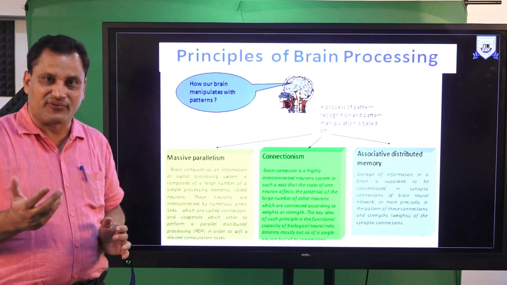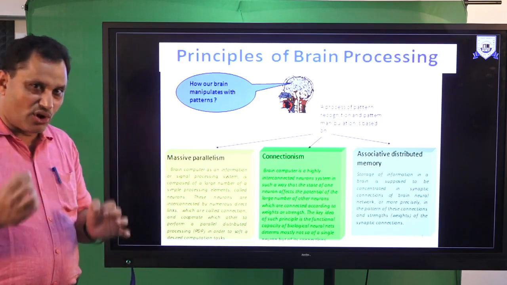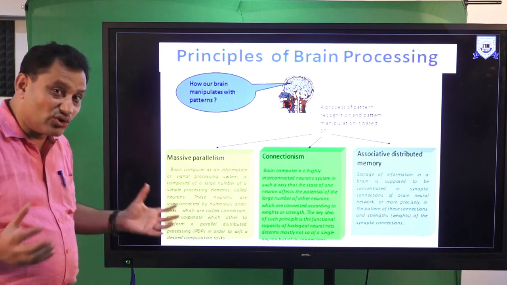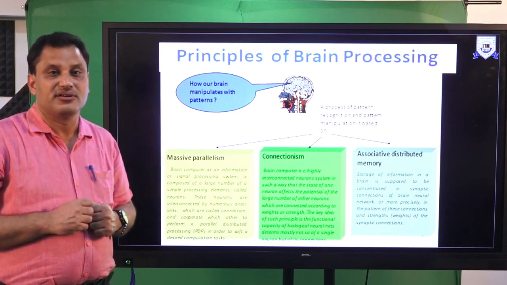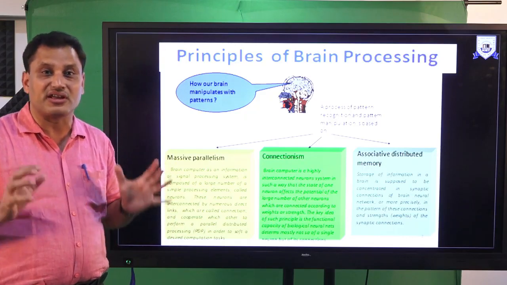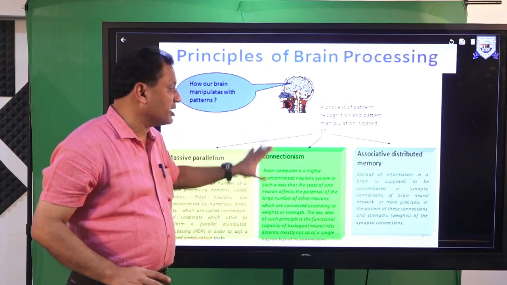It will not be unfair if I call a neuron a CPU. So 10 billion neurons are there, and all those neurons are interconnected. It is assumed that more than 60 trillion interconnections are there. That is why connectionism behavior is there in the human brain.